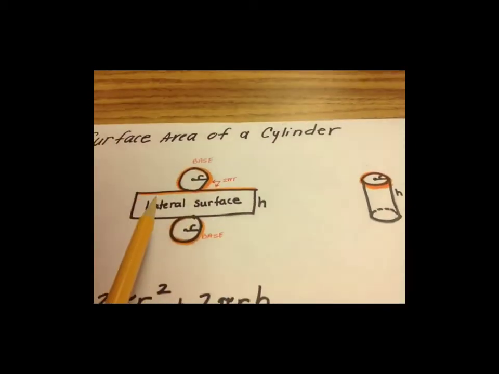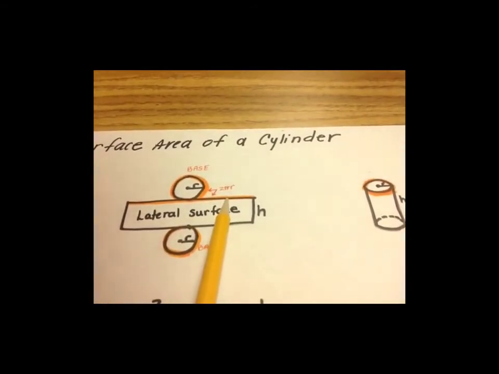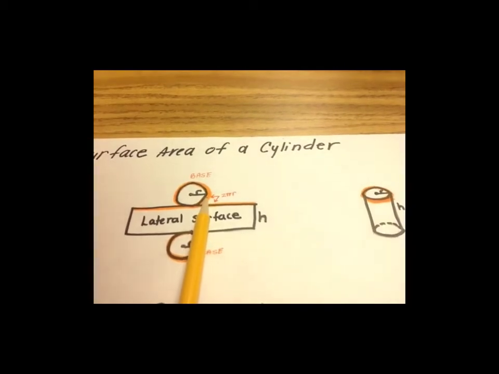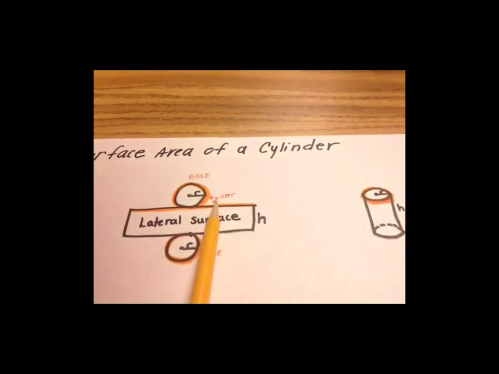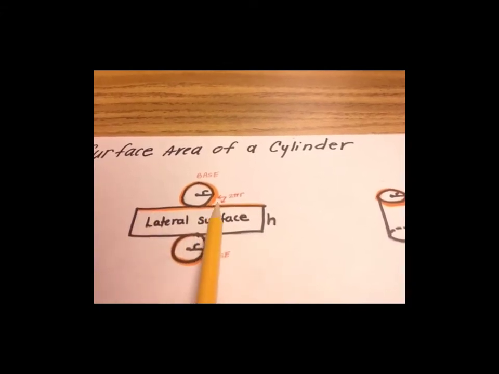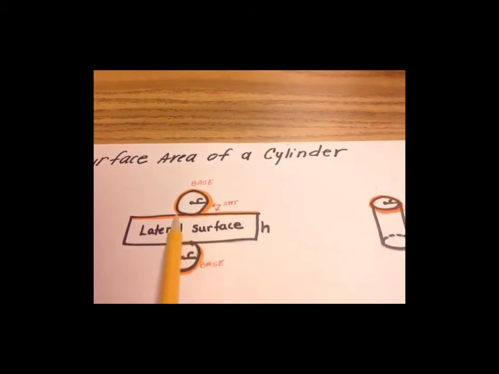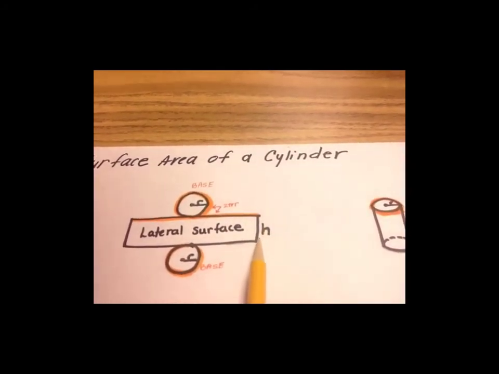And that's why, to find the length of this part here, we need to actually find the circumference of the circle. So that's why you have this arrow here, just showing that this length is actually the circumference of this circle. So that would be our length here. And then we would simply multiply it by the height.